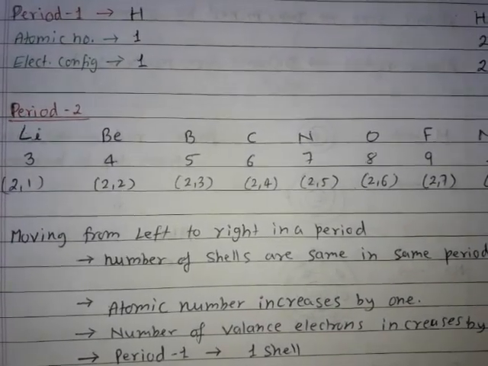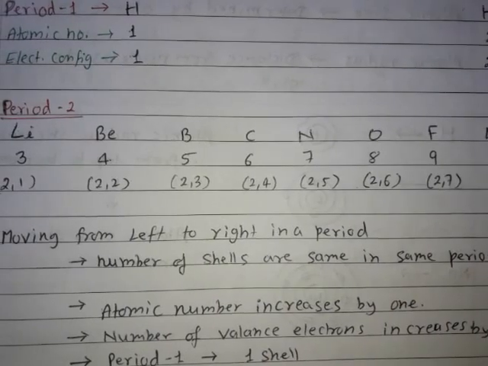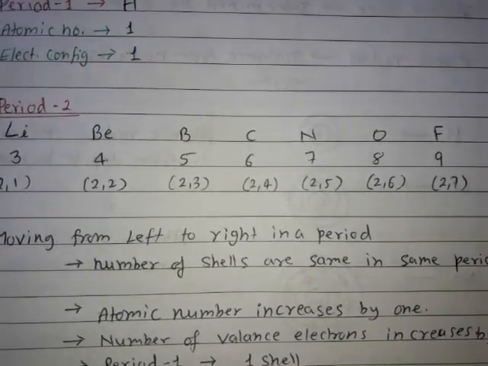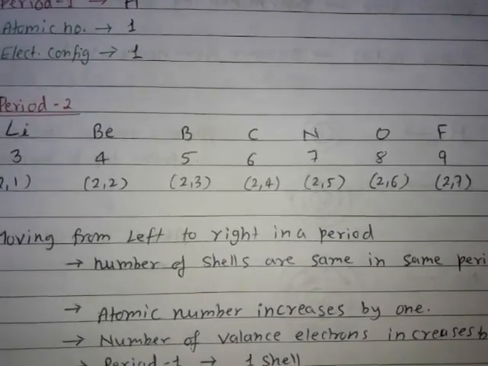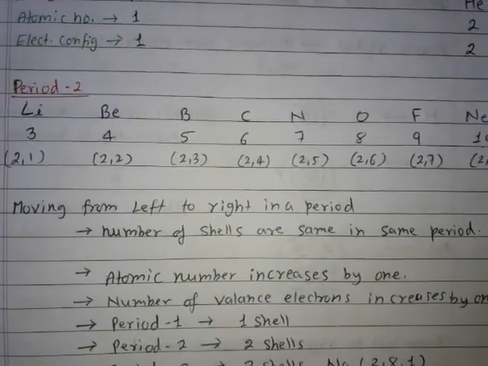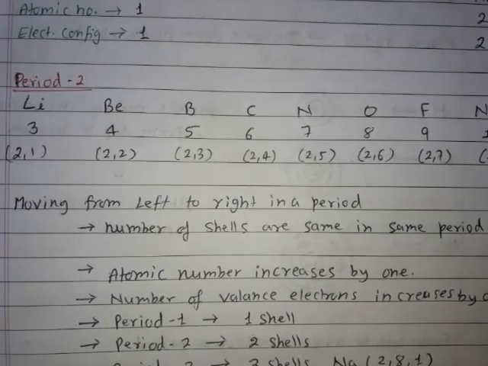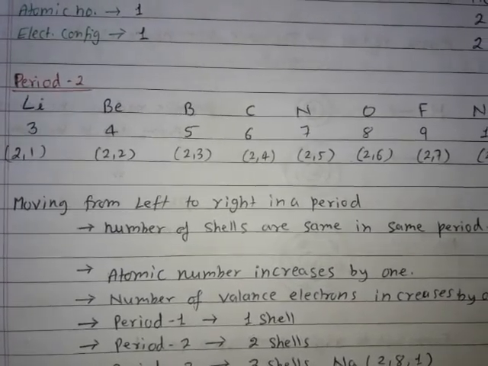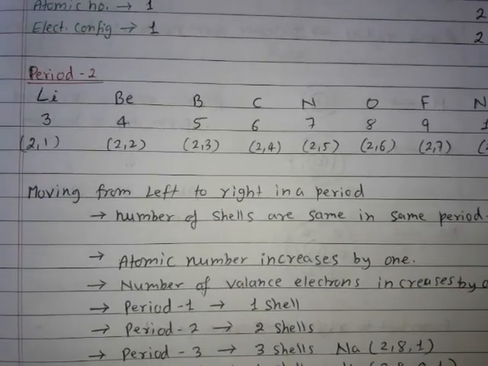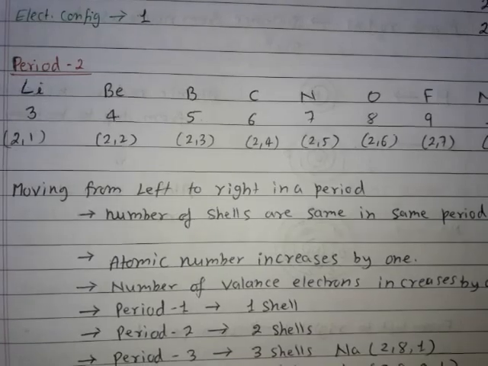In a period, if we move from left to right, extra electrons are added in a shell and the number of shells remains the same. The number of shells in period 1 is 1, in period 2 is 2, in period 3 is 3. Understood?